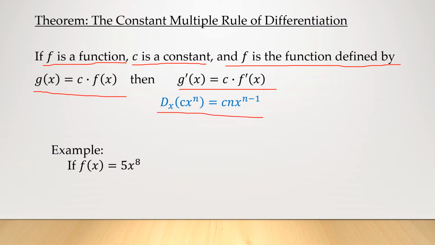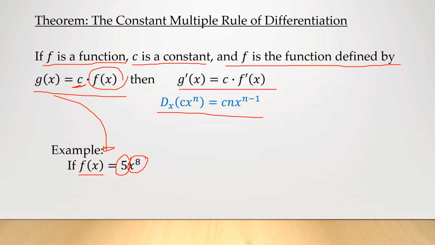Let me give you an example. Our c is 5, which is a constant, our f of x is x raised to the 8th power, and our g of x is this one.